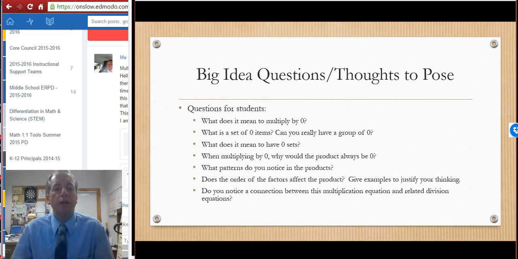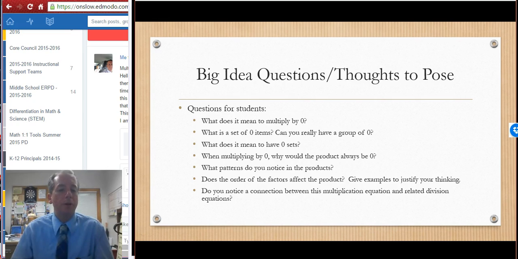We've tried to include some big ideas with each one of these chunks, and so we pulled these from the text, right? So what does it mean to multiply by 0? What is a set of nothing? Can you really have a group of nothing? Is that even possible? What does it mean to have 0 sets? When multiplying by 0, why would the product always be 0?